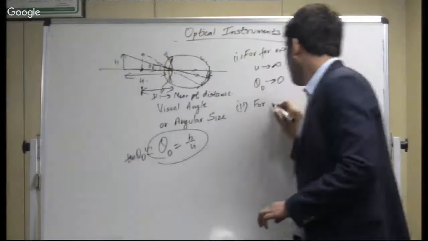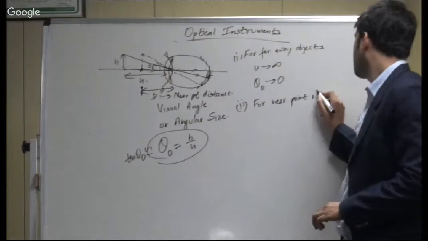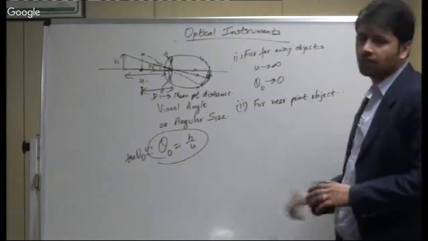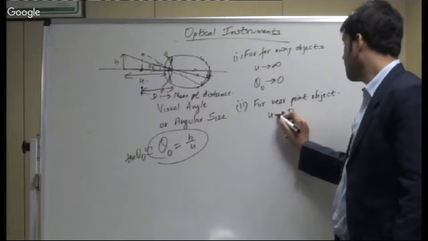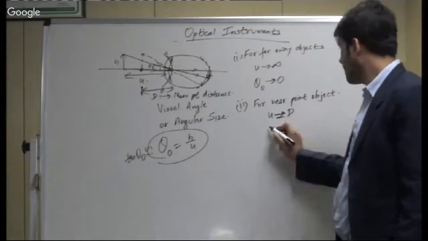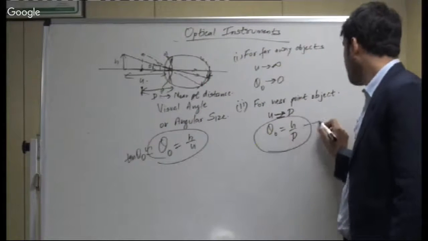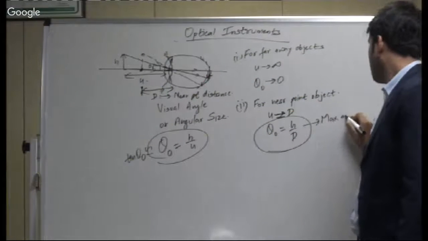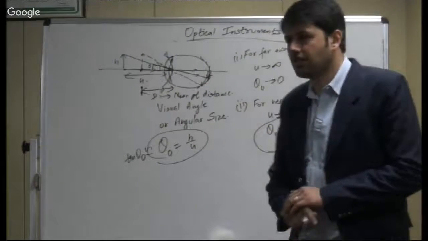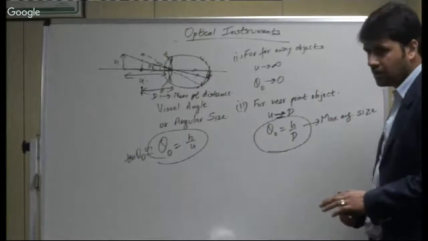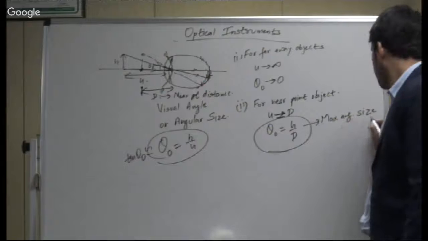So for an object placed on the near point, u would be d, and theta naught would be h by d. So this is the maximum angular size which human eye can produce in a naked manner, without the help of any device.